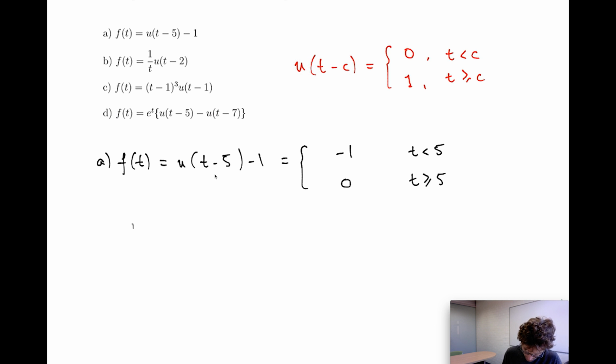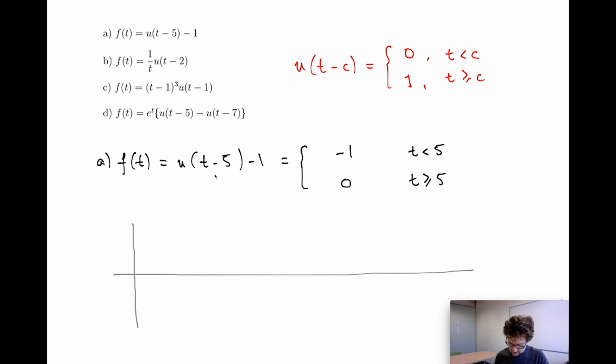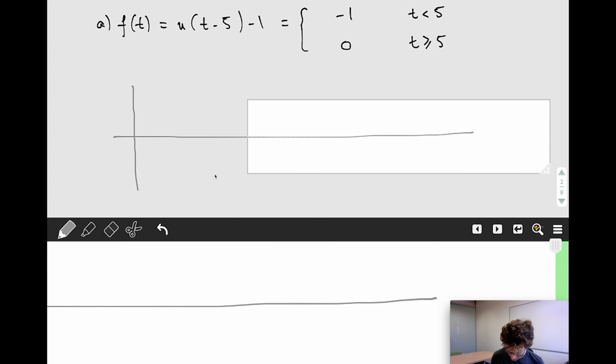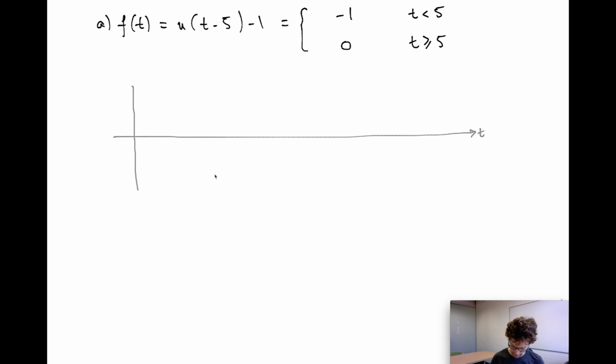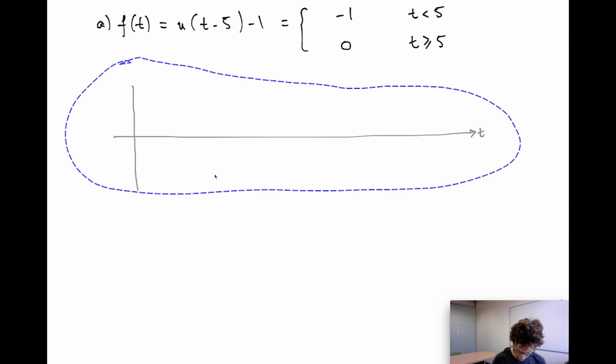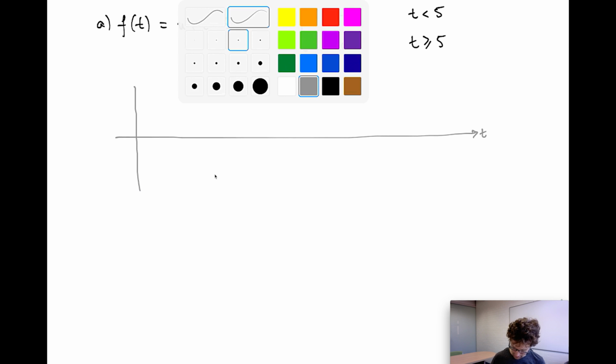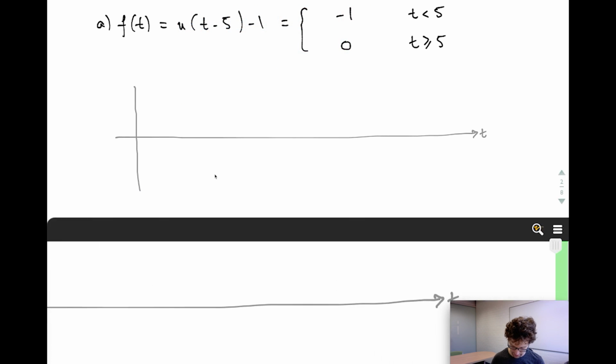Let's draw the t-axis. And again, as usual, I'm going to be taking t to be a positive number, so I don't need to bother about values of t less than 0. So let's just save my little axis here for future use. Okay, now we're ready to sketch. This function is going to change at t is equal to 5.